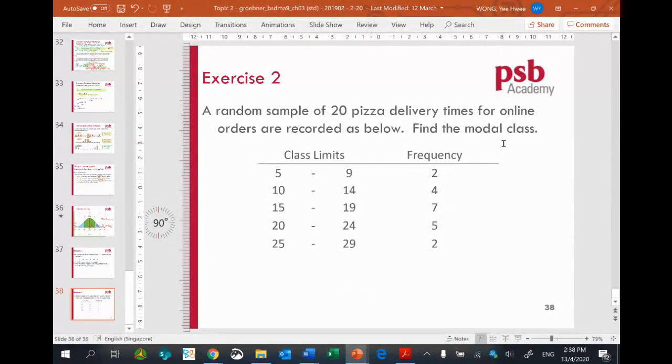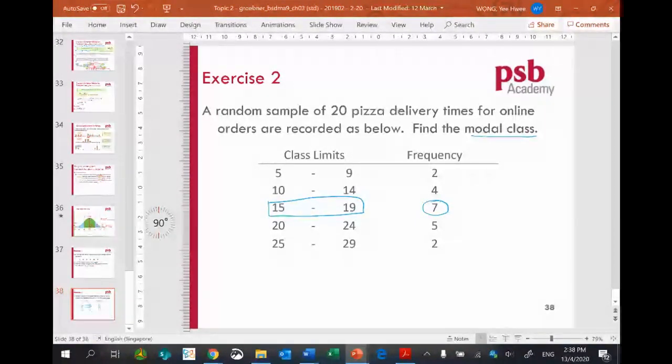What is the modal class? How do you define modal class? The modal class is the class with the highest frequency. So which class has the highest frequency? The frequency is highest at this one.